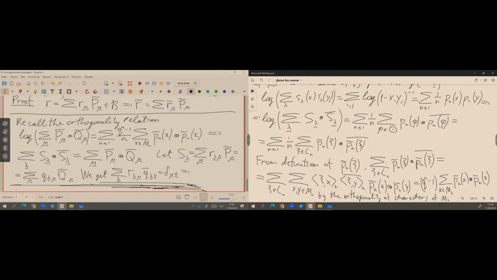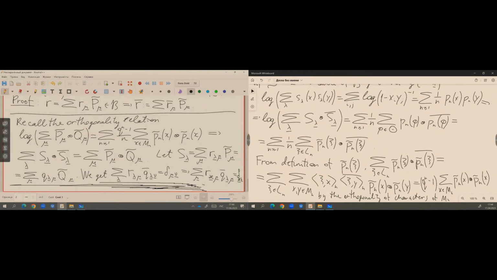And this implies that the sum over mu of r_{kappa mu} q conjugate_{lambda mu} is delta_{kappa lambda}.